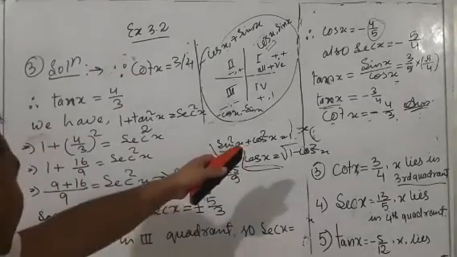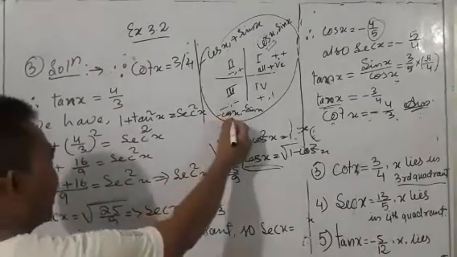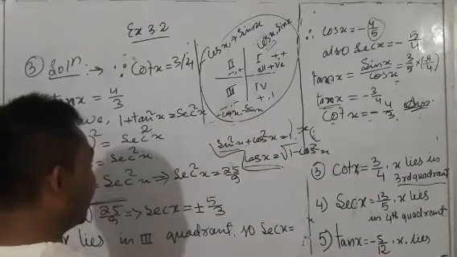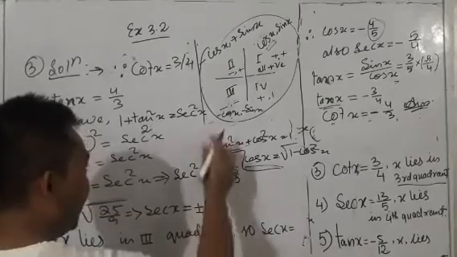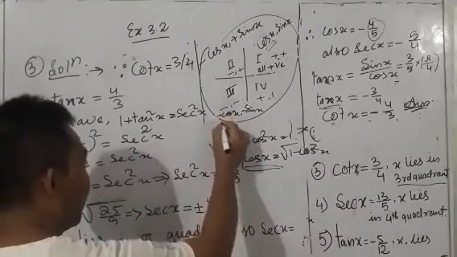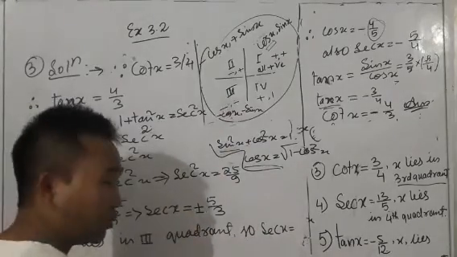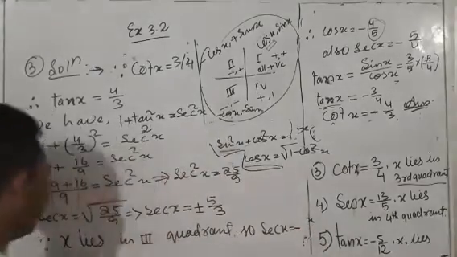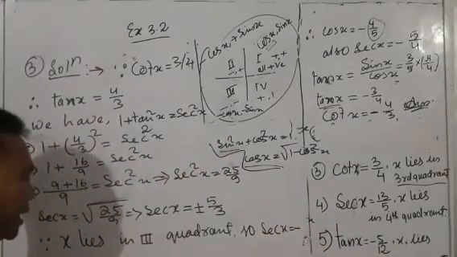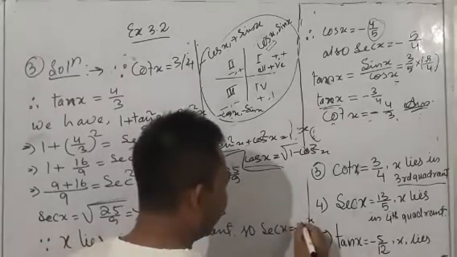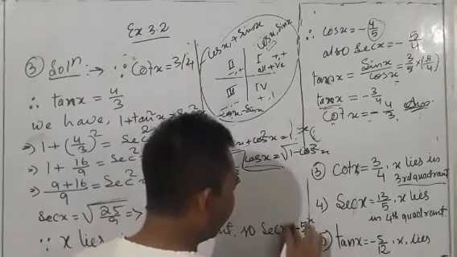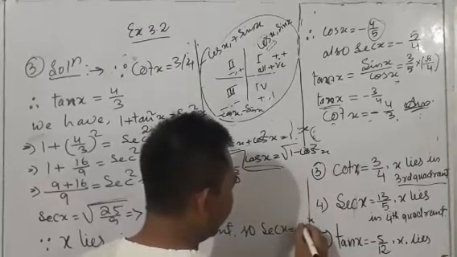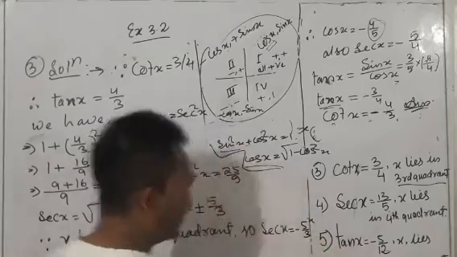This is the third quadrant. So cos x is negative. If we know that cos x is negative, then sec x is also negative. That means we have to consider a negative value. What will be the negative value? That is minus 5 by 3. Minus 5 by 3.